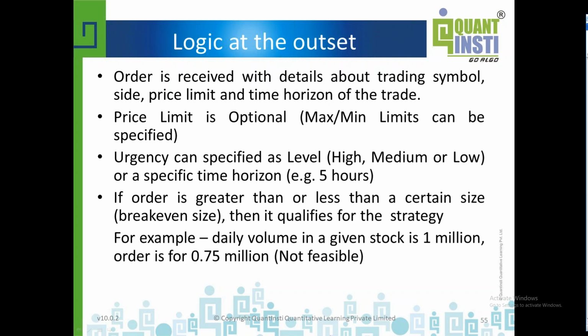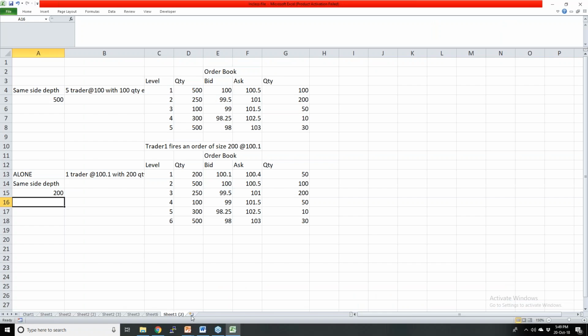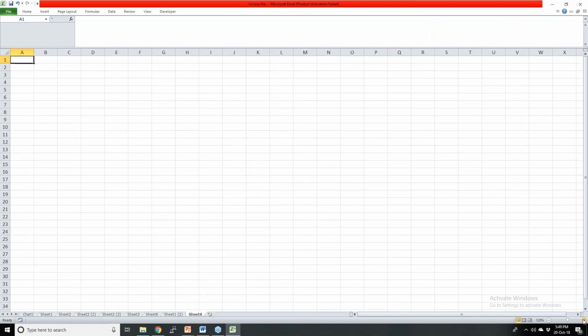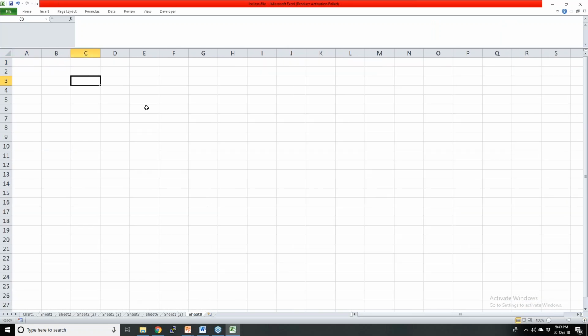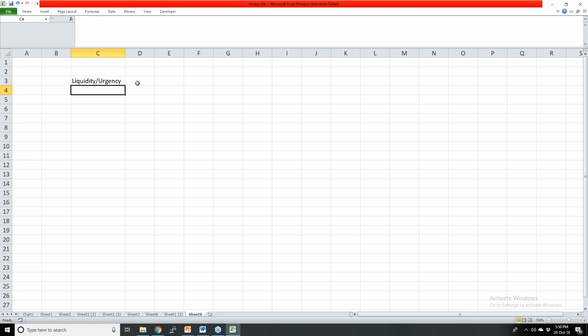Now what people usually do is they have different algorithms based on different symbols, and they have a liquidity and urgency framework, right?